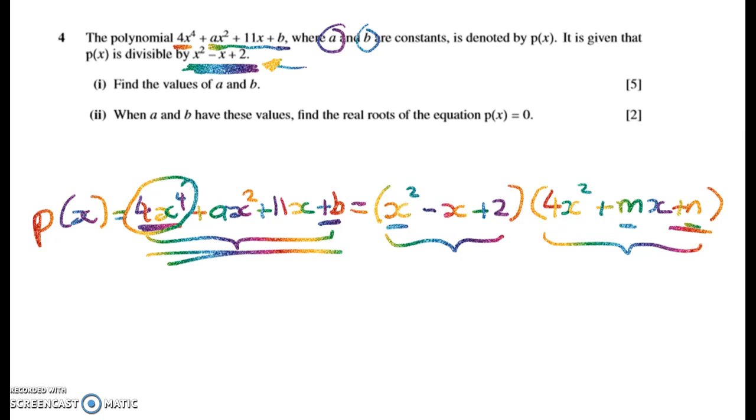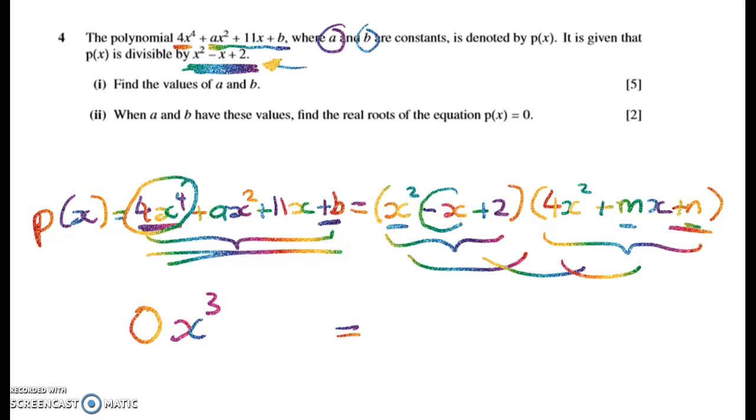So have a look here and decide what you're going to match on first. Well, the way I did it is I said that there's no x cubed term. So let's look at where I can pull out x cubes by multiplying things together over here. I get 0x cubed is equal to, well, I've got this one times this one, negative 4x cubed.